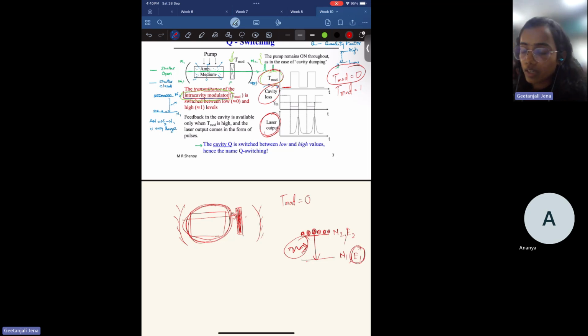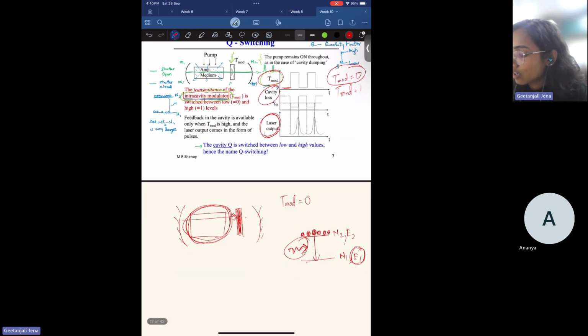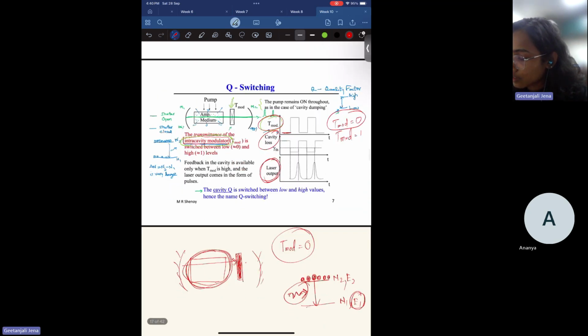And some radiation may happen because of spontaneous emission, because spontaneous emission does not require any external radiation. So the light that we'll see in the output will be spontaneous emission through this T mod equal to 0. So let me erase this one.